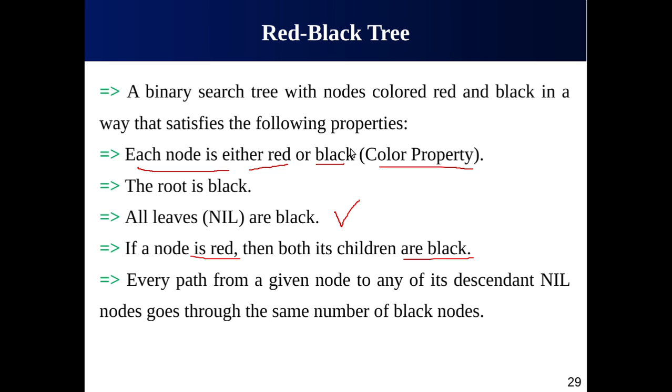So you see, we have a root property, we have a color property, we have internal and external properties. And lastly, every path from a given node V to any of its descendant nil nodes goes through the same number of black nodes, and this is known as the depth property.